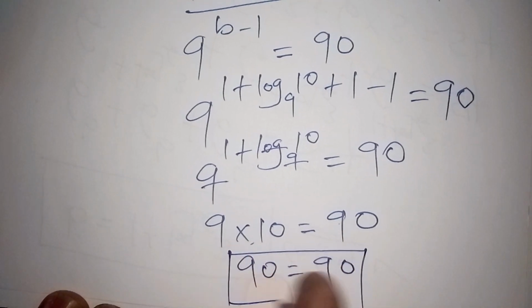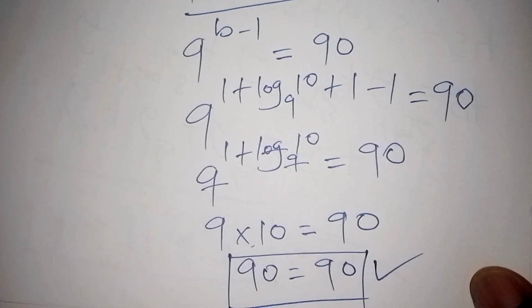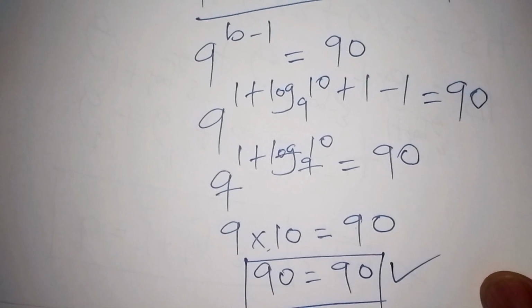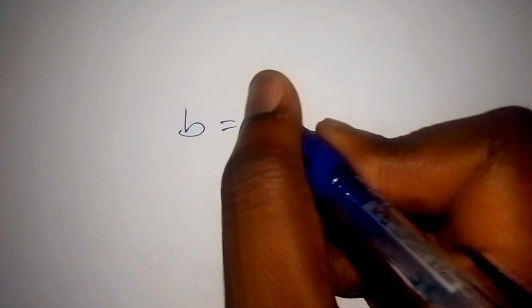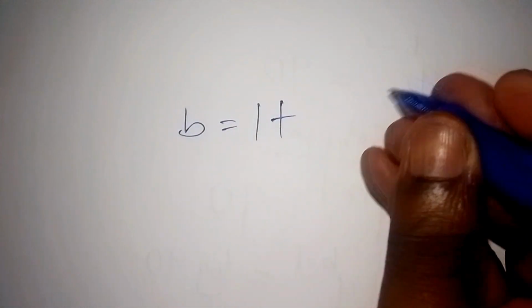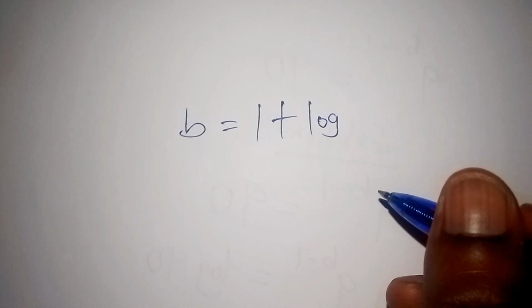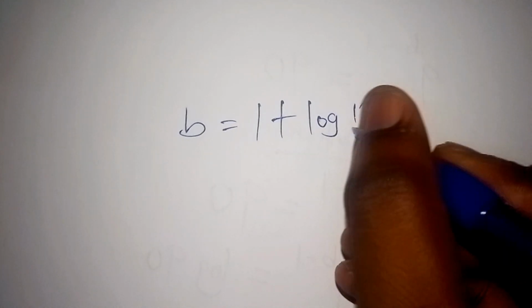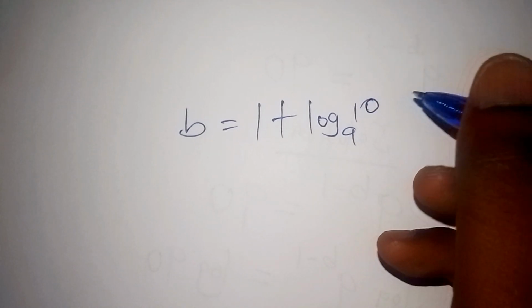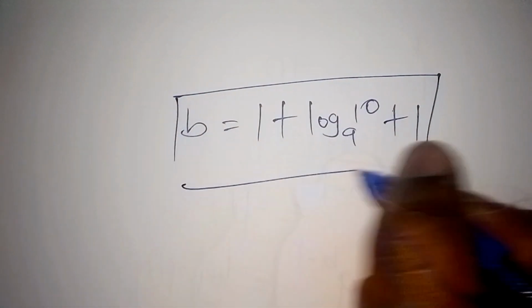Meaning that we are very correct when we conclude that our b is equal to 1 plus the log of 10 to the base of 9 plus 1. This answer is very, very correct.